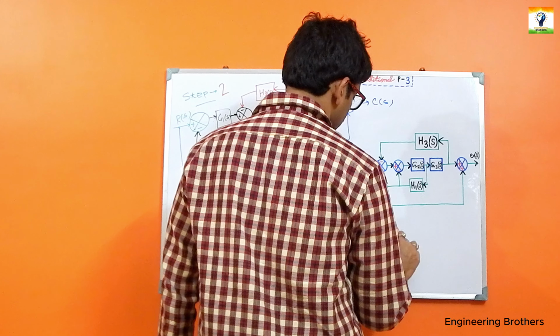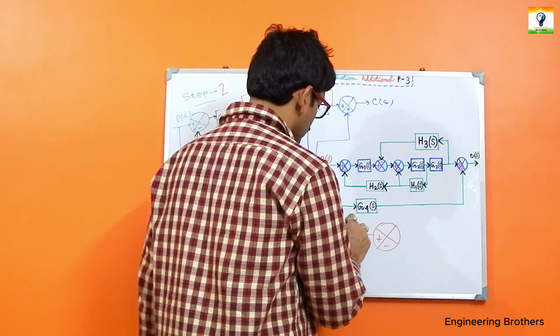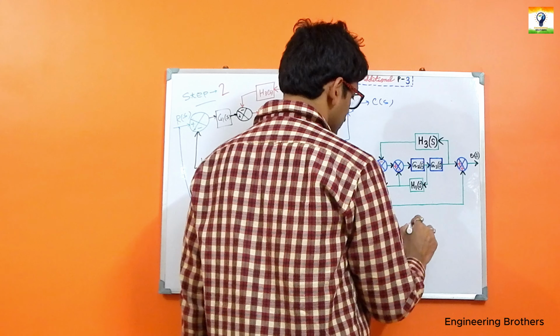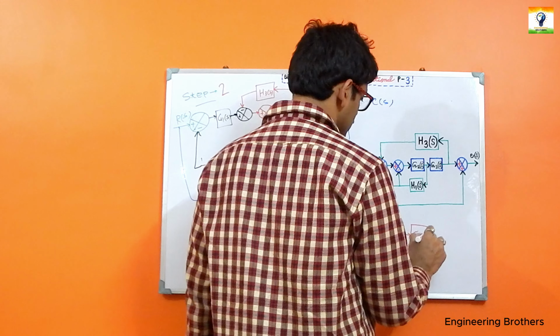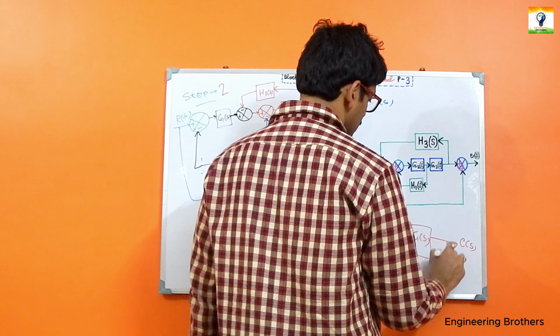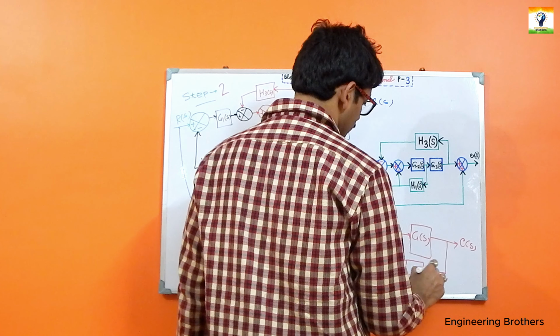Now we do know that for the closed loop system for our block diagram analogy, if we consider this is our RS, and if we have the gain block as our GS, now this is going to be our CS. Now in our feedback path we have got the gain of our HS.